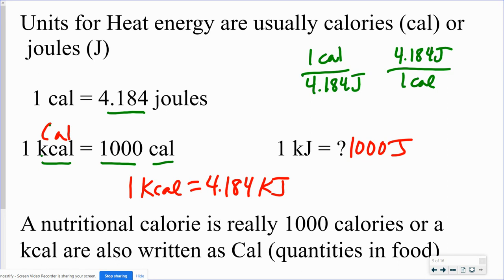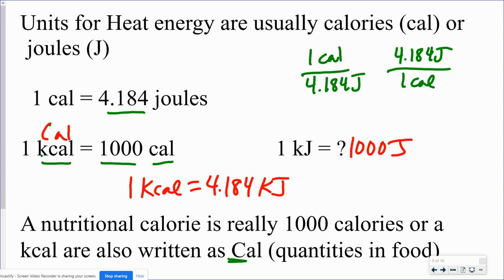So if you see that you're eating something that has 100 calories, it's 100 kilocalories or 100,000 little calories. So they should on the labels be written with a capital C, but most of the time not. They're written as a little c.